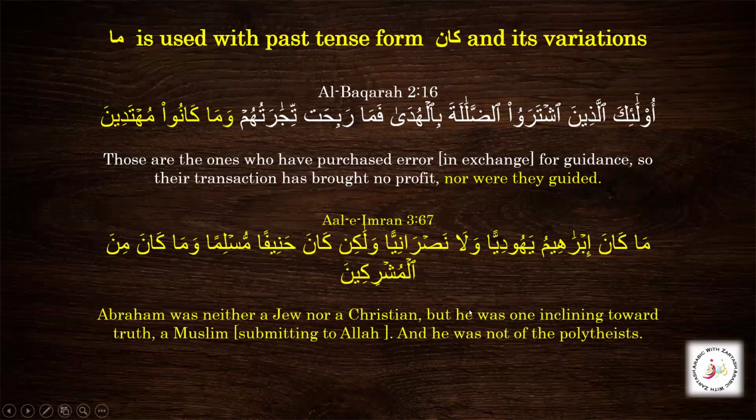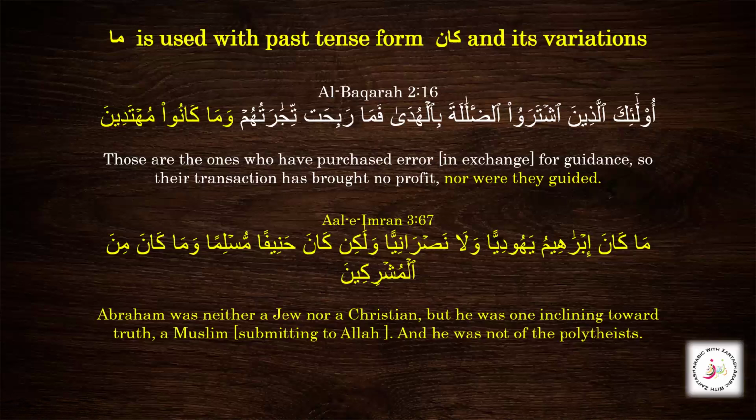Then the same thing follows again, and again till this harf of atf, we see walakin kana hanifan musliman. Again we have a structure for kana. Lakin is again harf of atf, and also it is harf of istidrak.